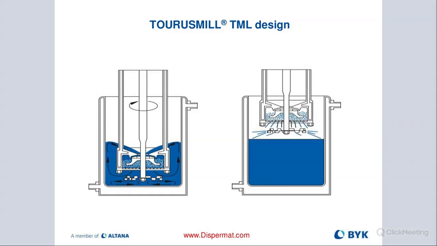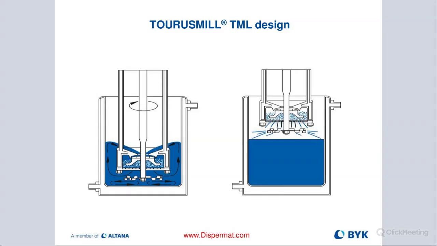Another key advantage of the basket mill over the horizontal mill design is cleaning. Very, very easy to clean compared to a horizontal bead mill. Once we are done milling, we just pump out our material, or we remove the container and replace it with another container with cleaning agent, and then we submerge our basket mill into it.